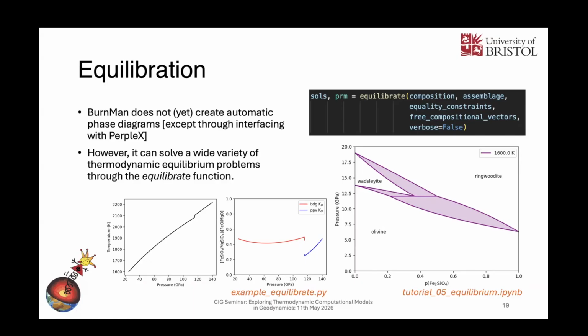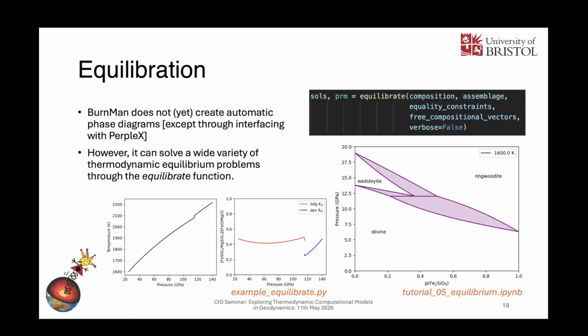You will see in later presentations today that there are various different software packages that will allow you to basically take out the equality constraints and do this in an automated sense for any pressure, temperature, and bulk composition that you like.